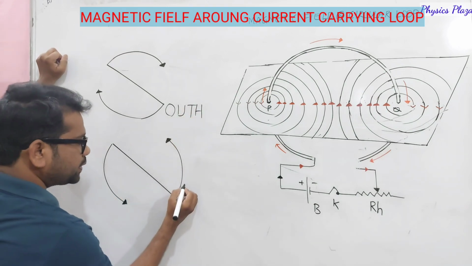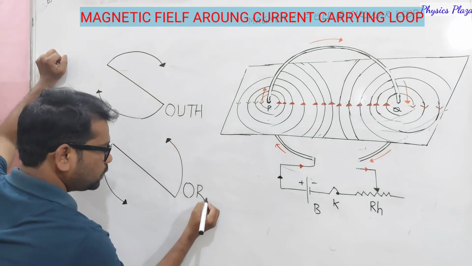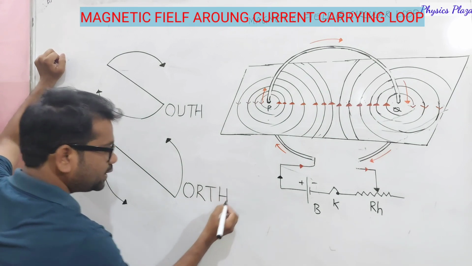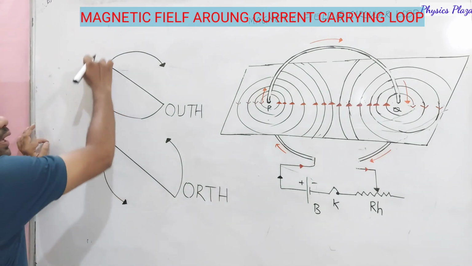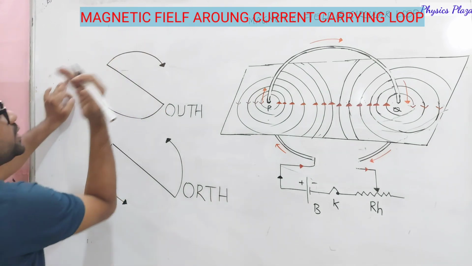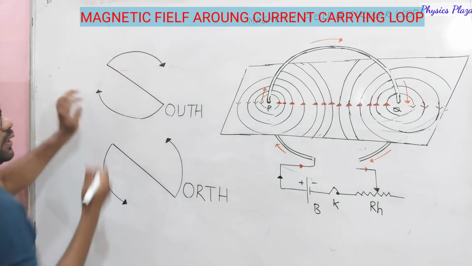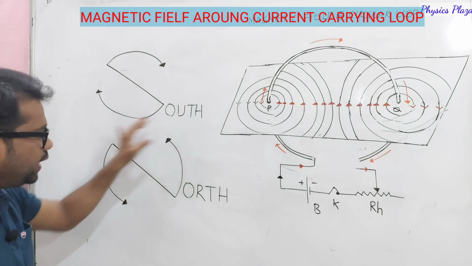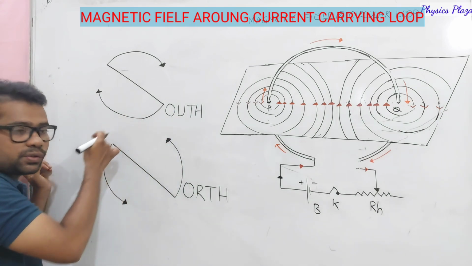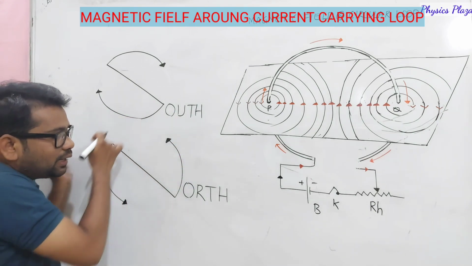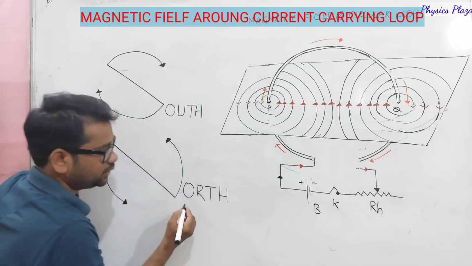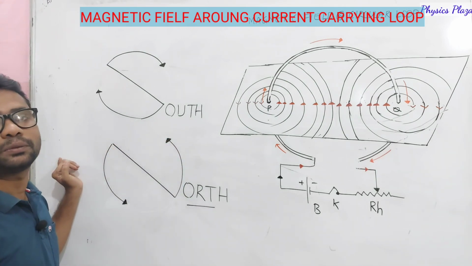N represents north. That's it. How is the current flowing, children? Clockwise direction. So we are facing the coil. If current is in a clockwise direction, that face takes south polarity. Whereas if we are facing the coil, children, and the current is flowing in an anti-clockwise direction, then that face takes a north polarity.